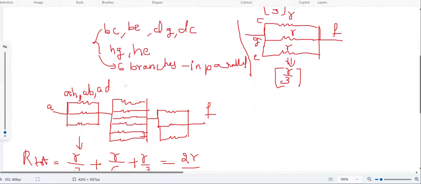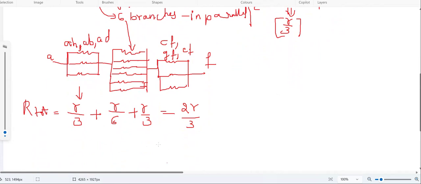The 6 branches, like here. These are the 6 branches in parallel. And the 3 branches again in the last step: CF, GF, and EF.